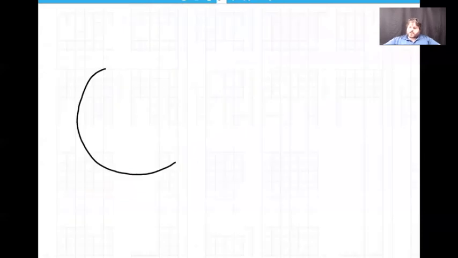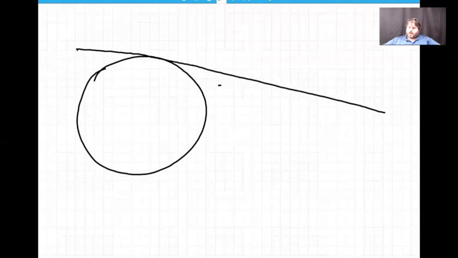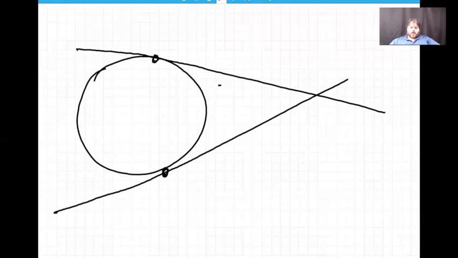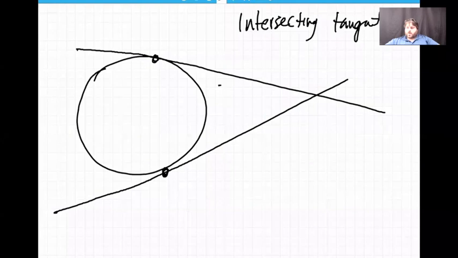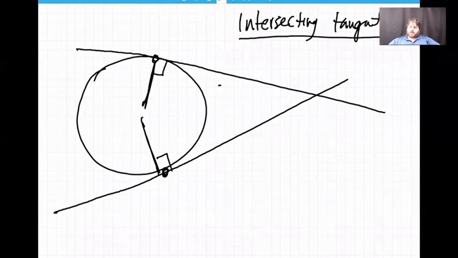Okay, now let's look at two intersecting tangents. Let's say we've got this tangent line here, and this tangent line here that intersect at one point. These are called intersecting tangents. Here's what you need to know. First of all, obviously it forms a 90-degree angle with each of these radii, okay?